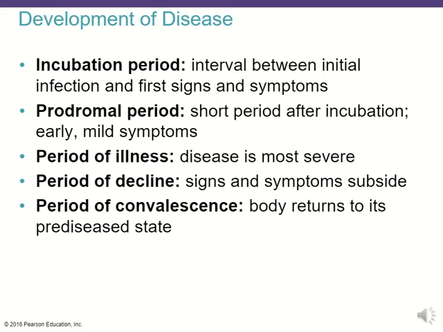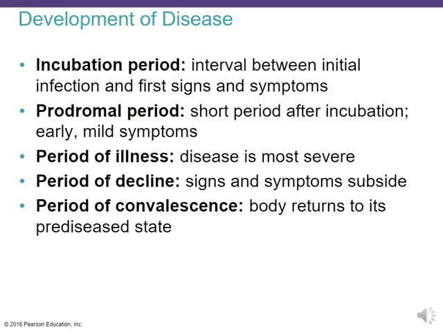Diseases develop in periods, one being the incubation period, which is the interval of time between the initial infection and when first signs and symptoms are observed. The prodromal period is a short period after incubation, early on when mild symptoms are appearing.